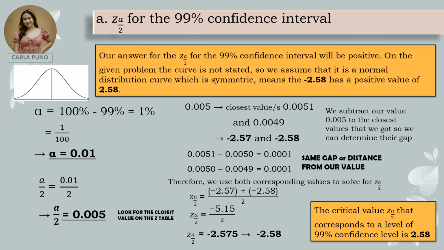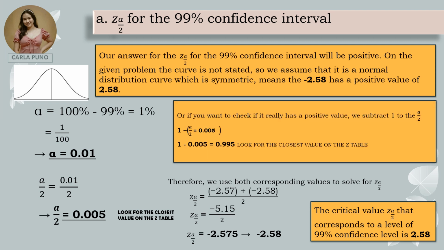Our answer for the Z sub alpha divided by 2 for the 99% confidence interval will be positive. On the given problem, the curve is not stated, so we assume that it is a normal distribution curve, which is symmetric, meaning the negative 2.58 has a positive value of 2.58.